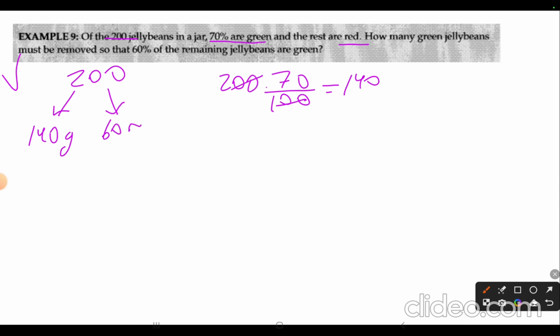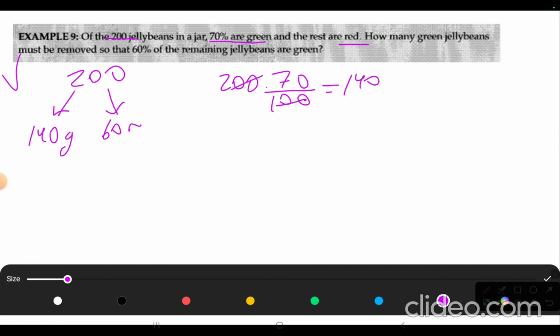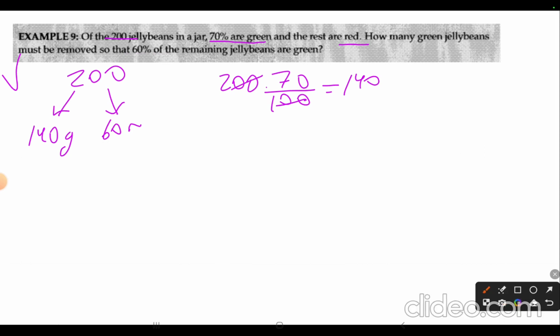Let's write proportion for the second sentence because they say 60% of these jelly beans should be green. Please don't forget when you subtract, let's say, x number of jelly beans will be subtracted. We should subtract x.